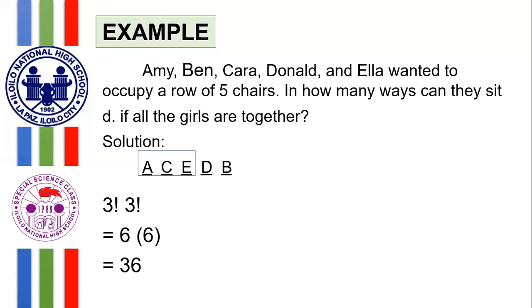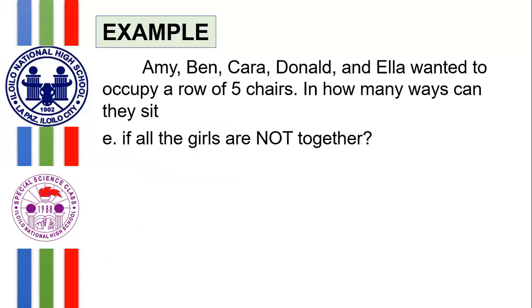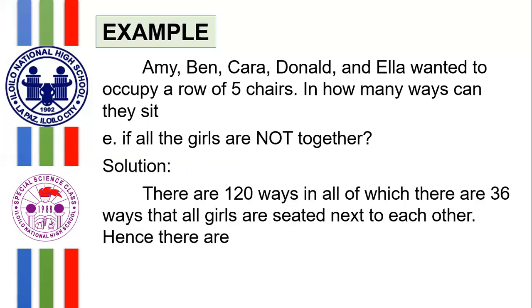How about for letter E? If all the girls are not together. So using a similar reasoning earlier, there are 120 ways in all for them to be arranged. But out of these 120 ways, there are only 36 ways, based on our answer in D, that all of the girls are seated next to each other.